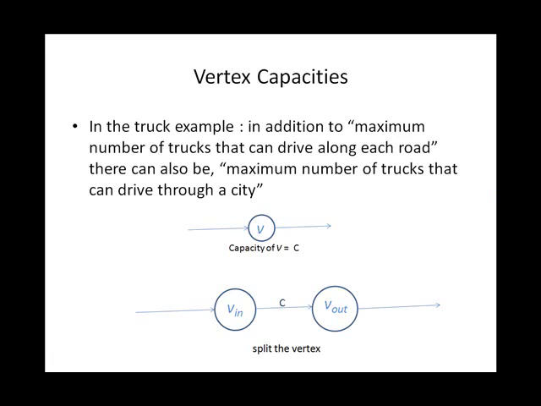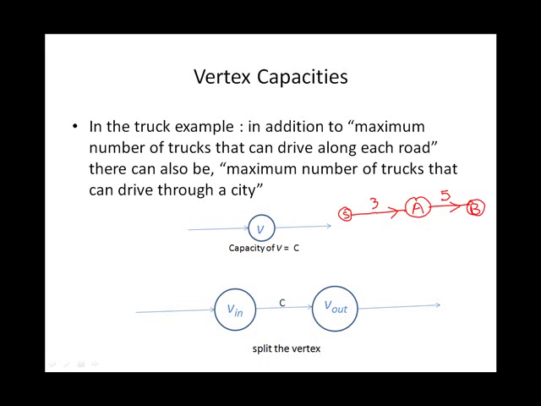If you look at the truck example, there are some trucks coming along the road from S to A, entering the city A, and leaving the city A along an edge, let's say A to B. Previously we had a restriction only along the edges. Let's say maximum 3 trucks can be sent from S to A, and maximum 5 trucks can be sent along the road from A to B. This was our previous problem.